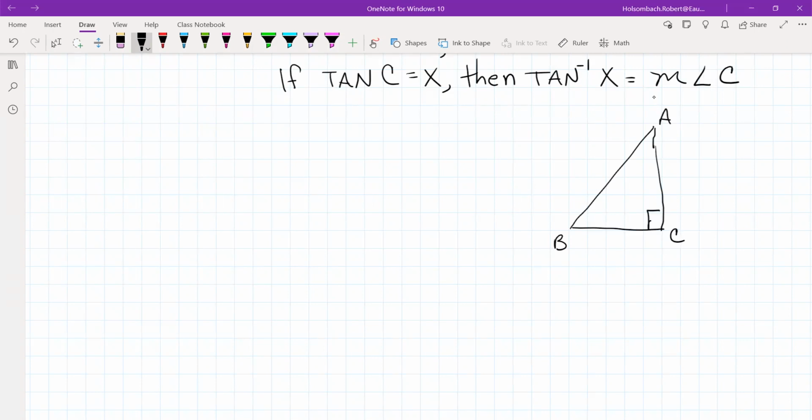The hypotenuse is 27 and BC is 18. And you need to find the measure of angle A.